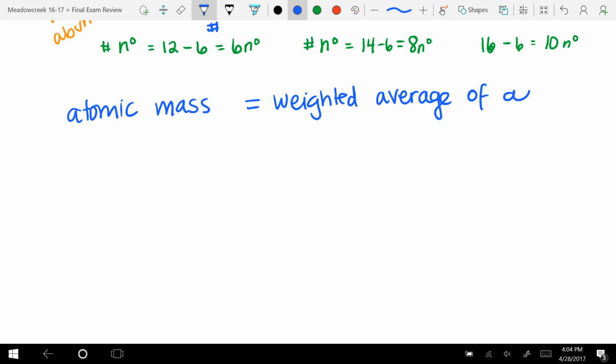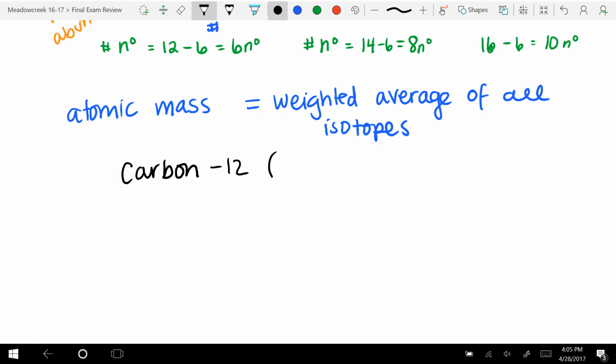of all isotopes. Okay, now if you have a higher percentage, then you are going to be more highly represented in your atomic mass. So let's take carbon, for example. Now, my percentages are not going to be correct. I haven't looked them up. I'm just kind of making them up. But let's say carbon 12 is 96% of all the carbon in the world.